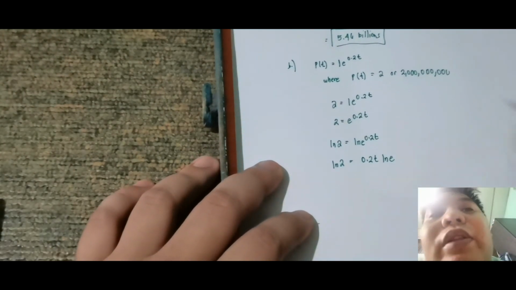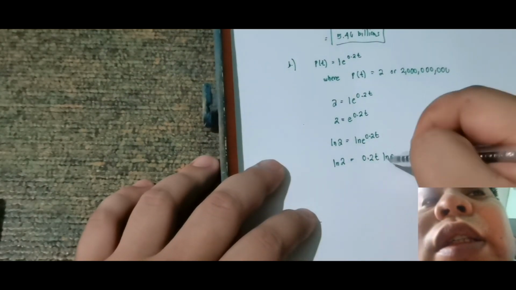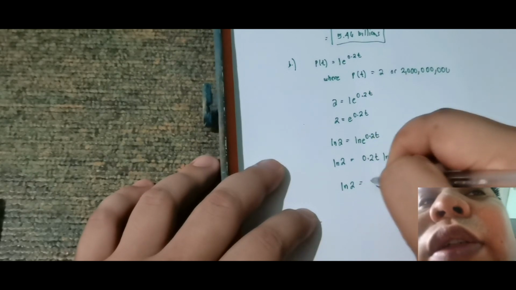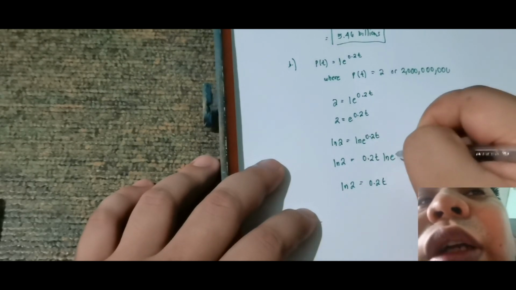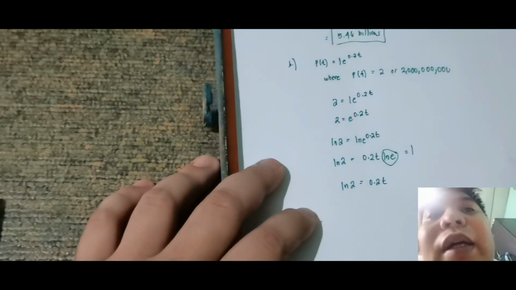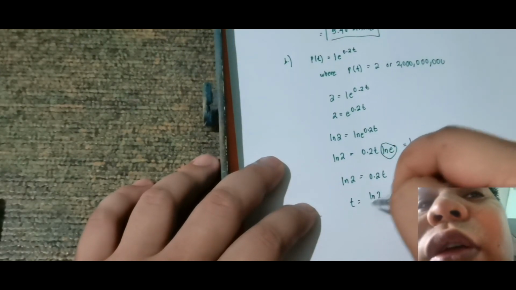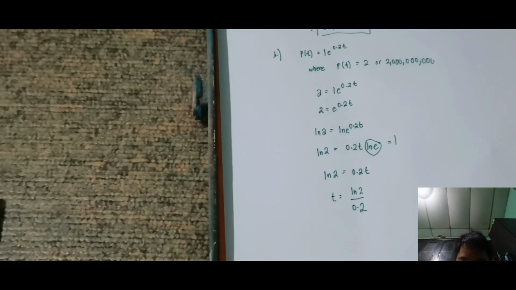Okay, so para makuha yung time, divide natin. Alam natin na ln of e is 1, so ln of 2 is equal to 0.2 t. Ito ay magiging 1. Tama? So divide natin both sides, so therefore t is equal sa ln of 2 all over 0.2. So calculate na lang natin yan. So we have ln of 2 all over 0.2.